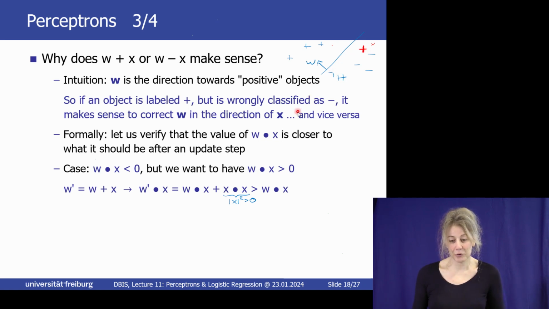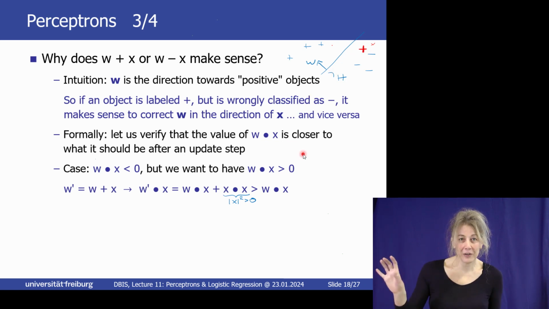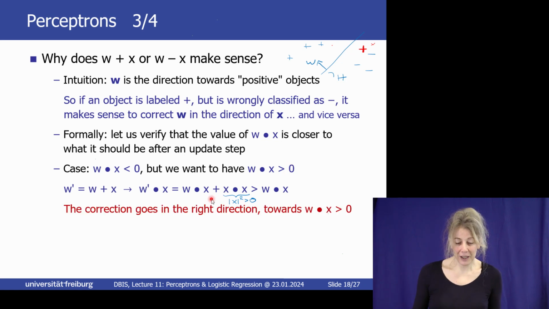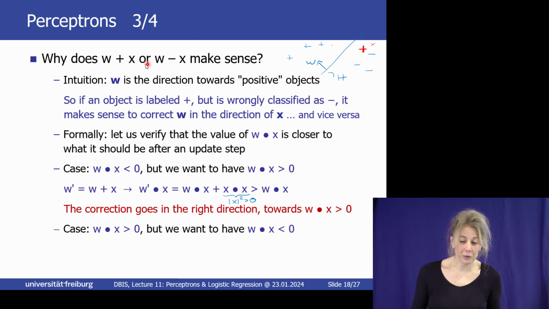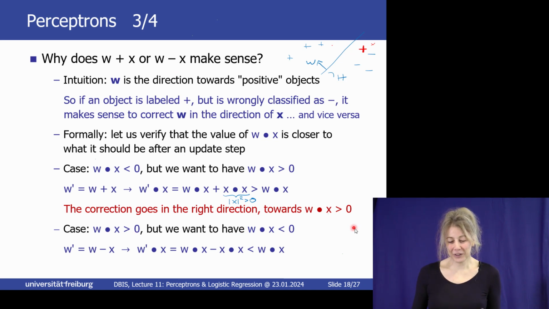That's what the perceptron does, and that's also what the other algorithms do. The correction goes in the right direction. And of course, if you switch these two, the sign here is very important. You have to make this little shift in the right direction. Here it's just the other way around. If it's positive but it should have been negative, then you just correct in the other direction.